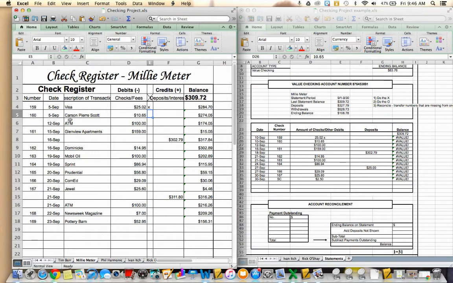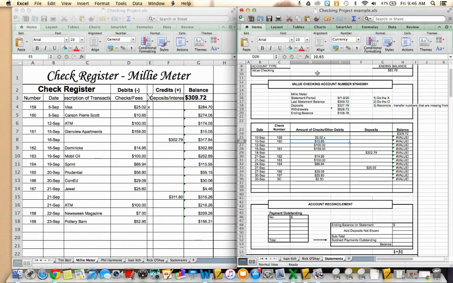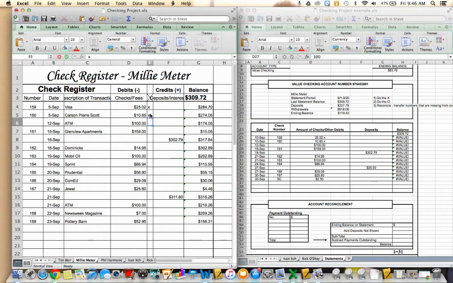Next is the 1065 check. And you can see, by the way, the balances over here got messed up just because of a math calculation. I'm going to have to go back in and fix that in a little bit, but I want you to see how I'd like you to do it.